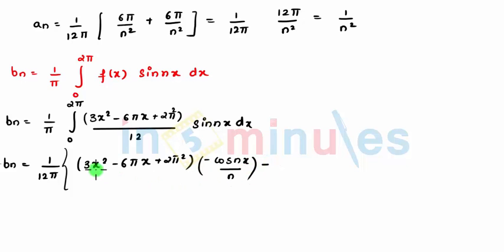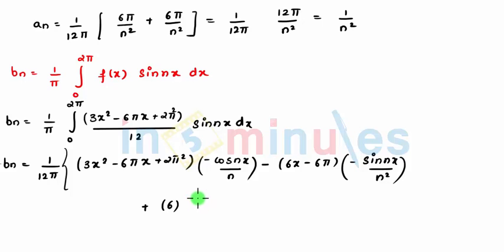Further minus differentiation of this is 6x minus 6 pi, integration of this is minus of sine nx divided by n square, and further plus differentiation of this comes to be 6, and then we can write this as cos of nx divided by n cube, where limits are 0 to 2 pi.